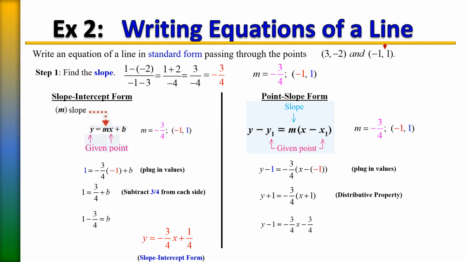And when we combine a +1 with -3/4, we're going to get our same line of -3/4 x plus 1/4. And there you have it, your line in slope-intercept form.